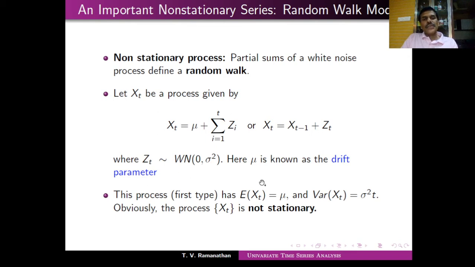So this is called a random walk process. You are going to learn more about random walks in your stochastic process class. You might have seen a random walk where you stand at a point, toss a coin and decide whether you go to the right or left. That's basically a discrete random walk.